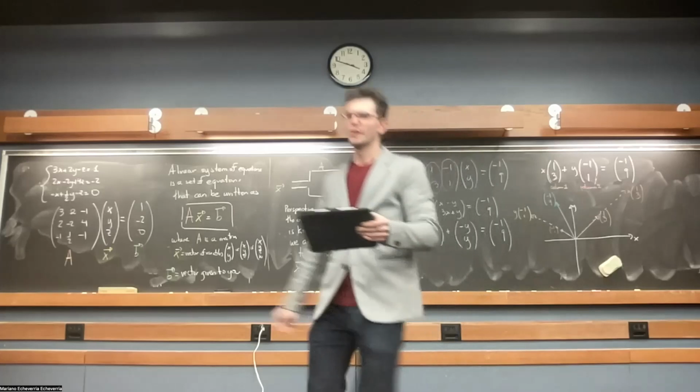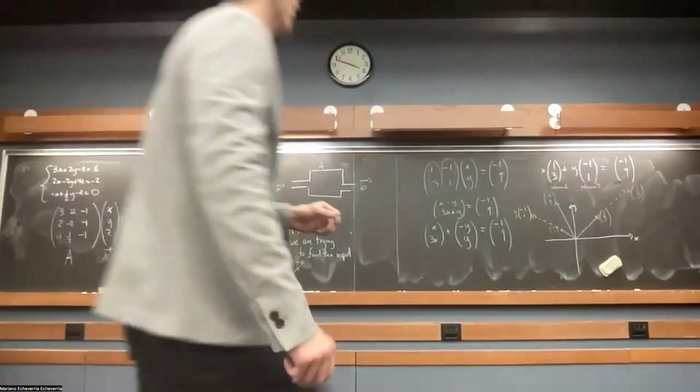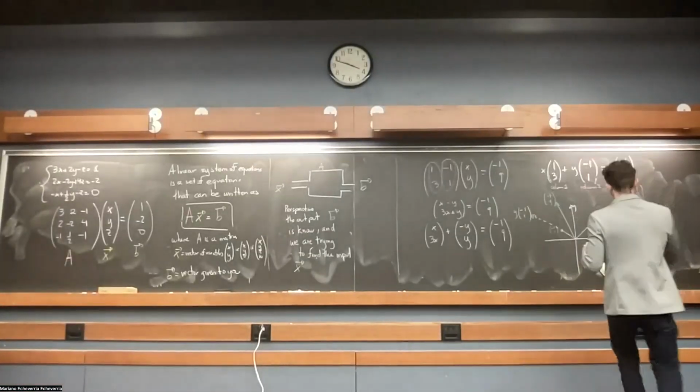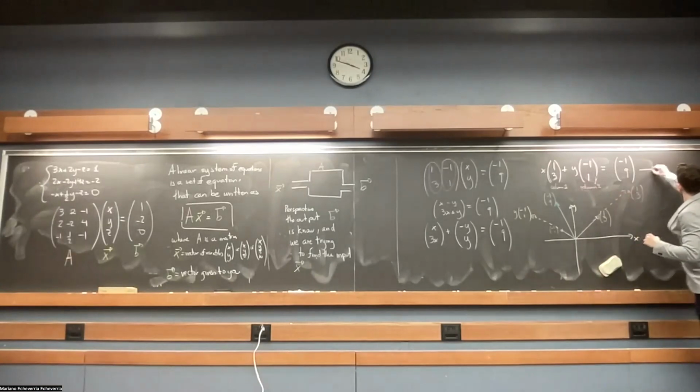So from this perspective, what I'm asking is, can you combine the columns of the matrix to get the vector B?